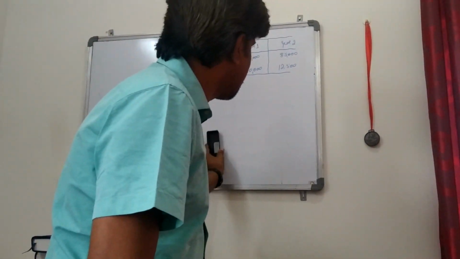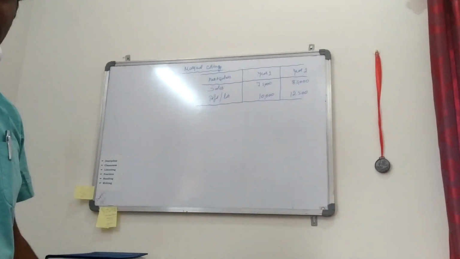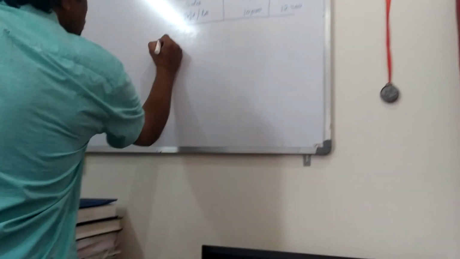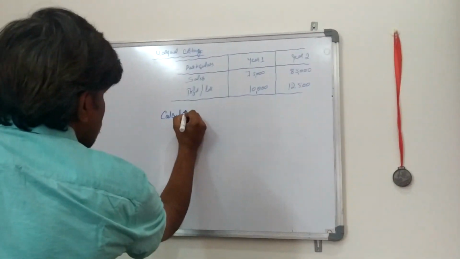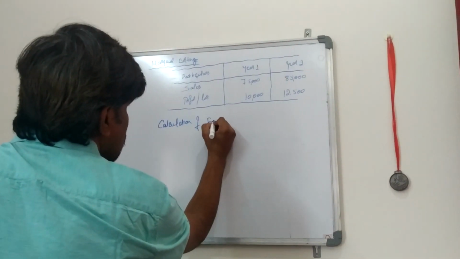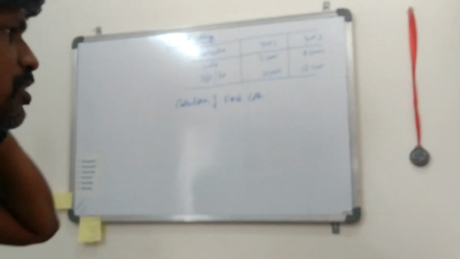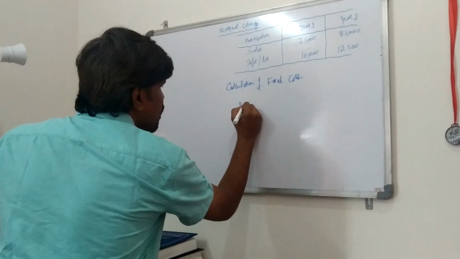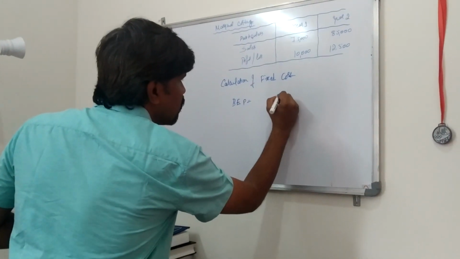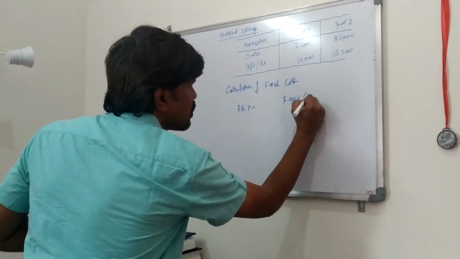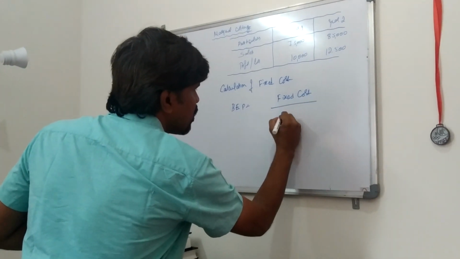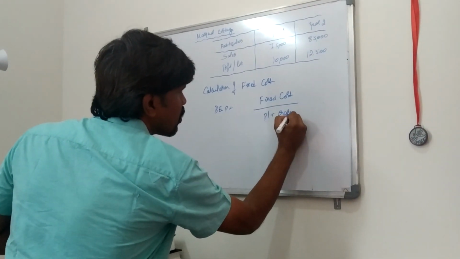Next, we have to calculate the fixed cost here. Fixed cost, because we have to calculate the break-even point. The formula is fixed cost divided by PV ratio.